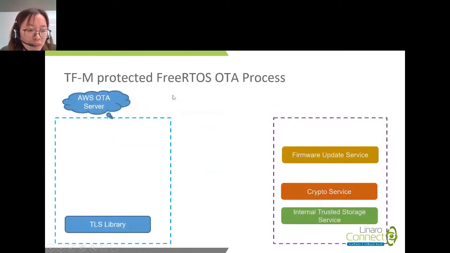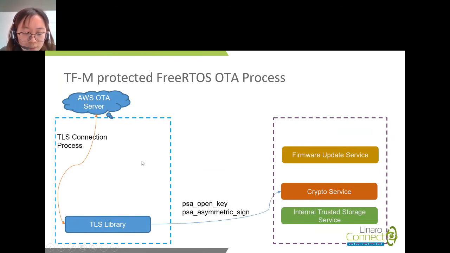Let's go through a successful TFM protected FreeRTOS OTA process. Firstly, the non-secure device side requests to establish the TLS connection, and during this process, the TLS library calls the PSA crypto service to do some cryptographic operations based on the private key.